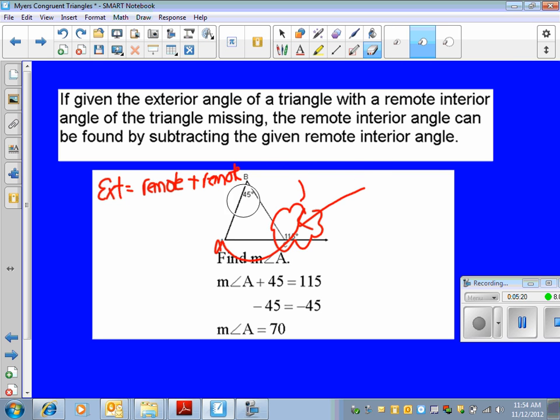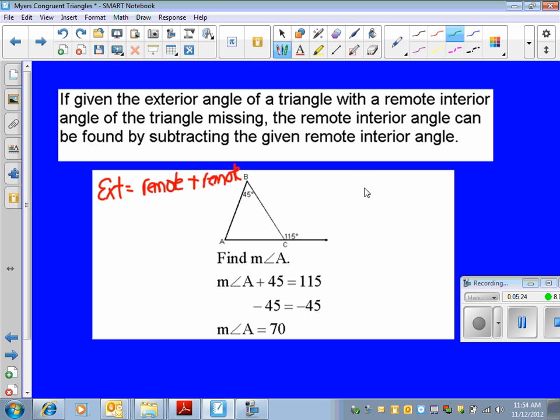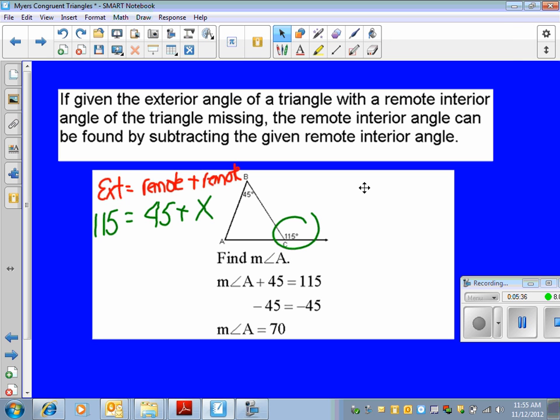Let's go ahead and erase this, and let's fill in by substitution. Exterior angle is 115. Let's put that right here under 115. Remote angle is 45 plus x. Okay, folks, we get down to the bottom and we find out that the measure of angle A is equal to 70. Awesome.